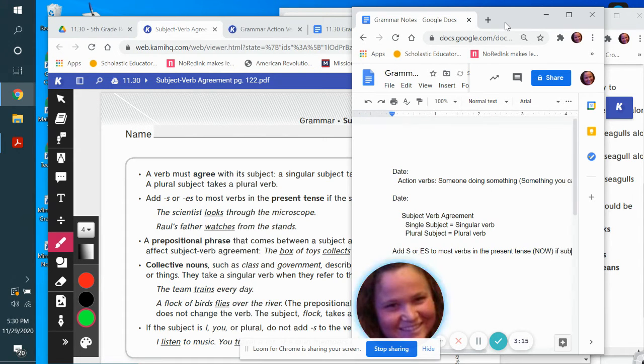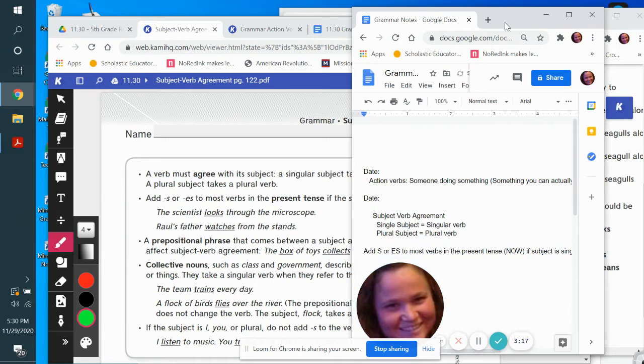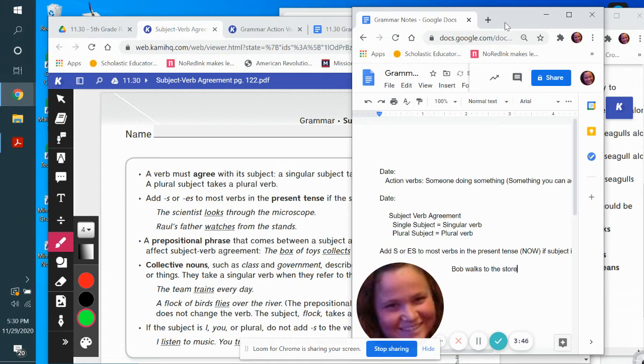If we're talking about someone named Bob, that's singular, our singular subject. If he is walking to the store, that would be future. But if it's present tense, Bob walks to the store. That's happening right now.